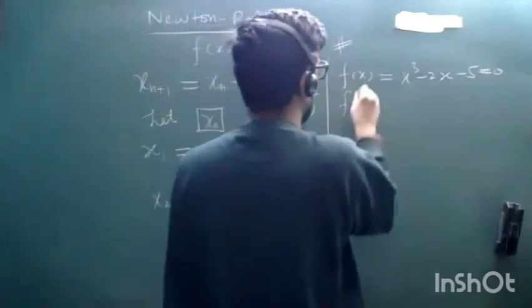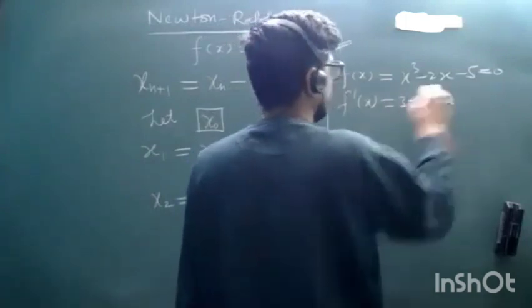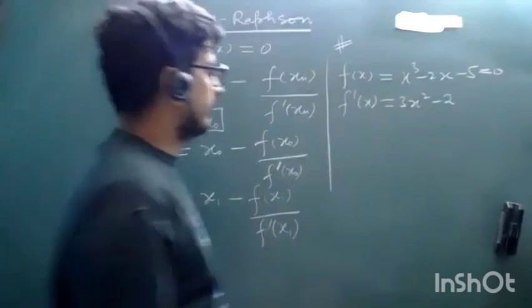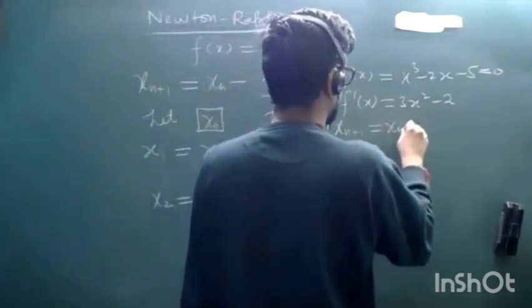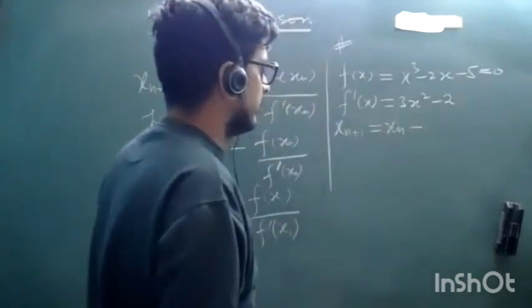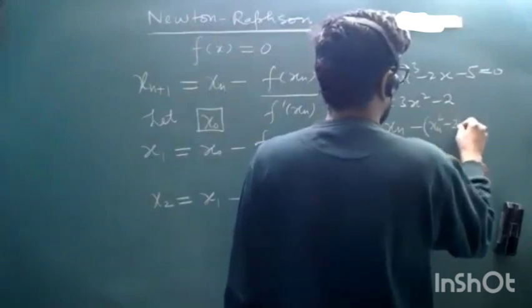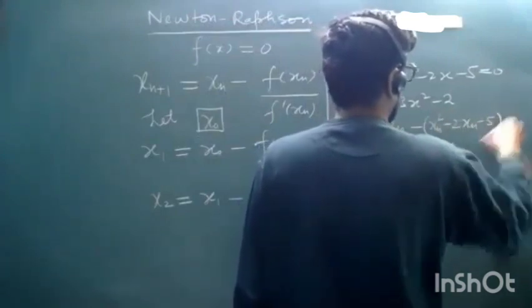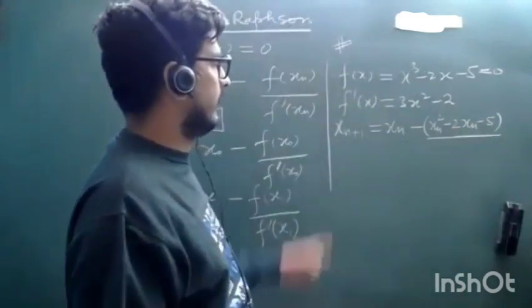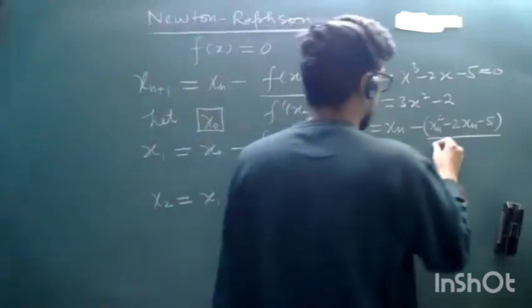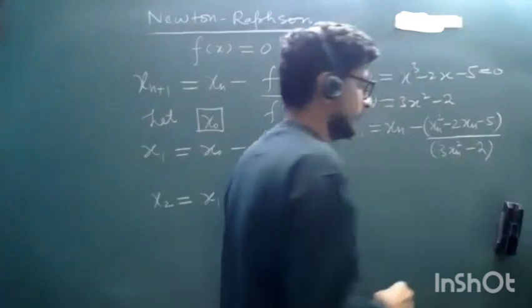What will be the value of f'(x)? It will be 3x square - 2. Now the formula is x(n+1) = x(n) - f(xn) over f dash, which becomes 3xn square - 2.